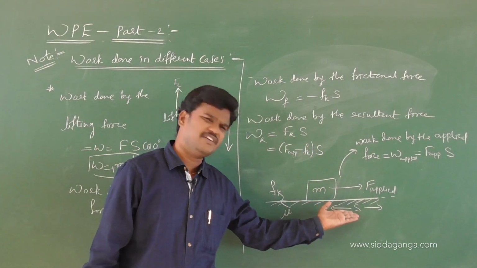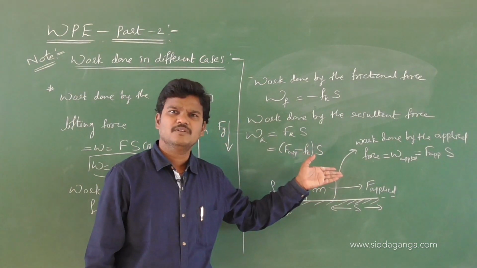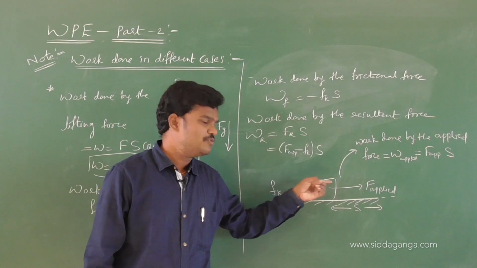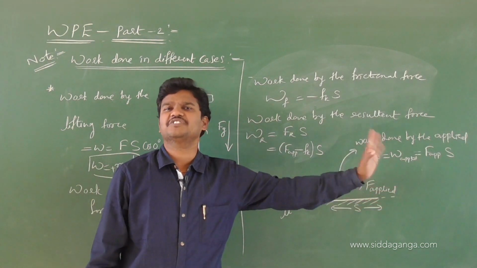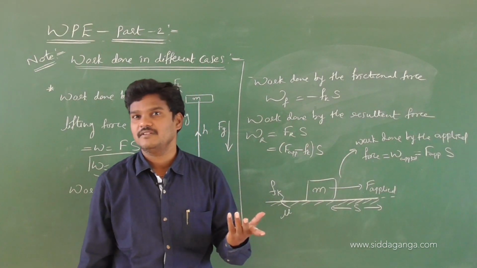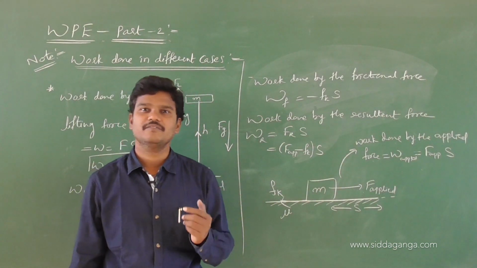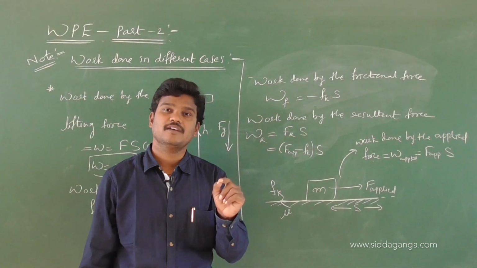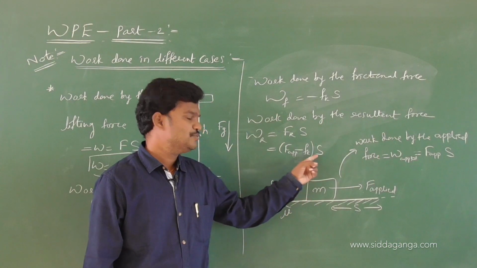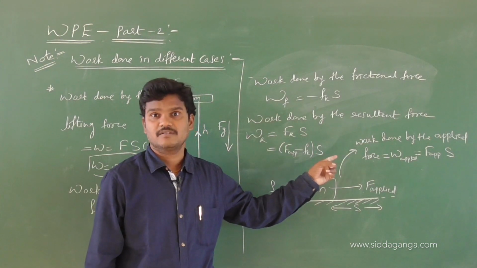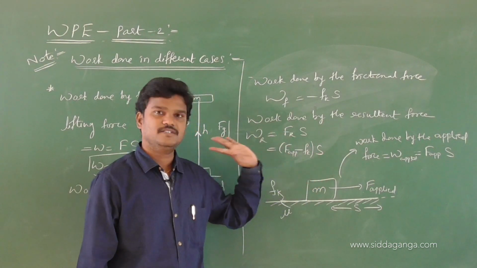If they give S, you substitute the S value. Here, if the body is moving under the application of this force with 2 meter per second square, what have they given? They have not given displacement, they gave acceleration. If they give acceleration, then use S as half at square, and the remaining is easy.